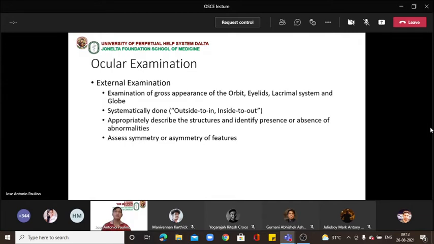It may also be inside to out, however, I prefer outside to in. We must appropriately describe the structure and identify the presence or absence of abnormalities. Also, we have to assess the symmetry or asymmetry of features because they could be normal, but they may not be equal. Because we have two eyes, we always have to compare one eye to the other.